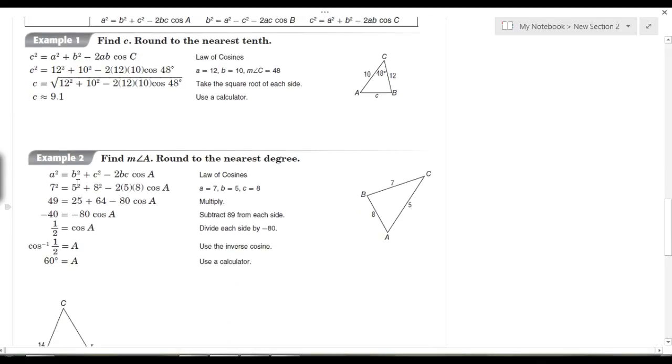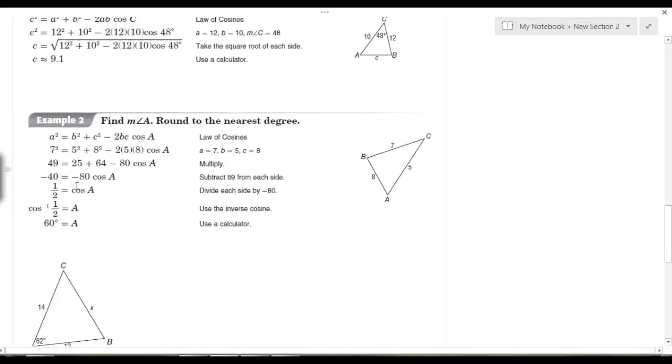We can also use the law of cosines if we have 3 sides and we want to find an angle. So in this case, they're asking us to find the measure of angle A. So since we're finding the measure of angle A, we're going to set up our whole equation with A squared on the far side.